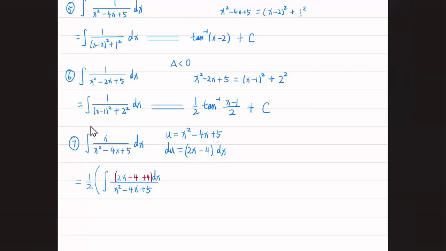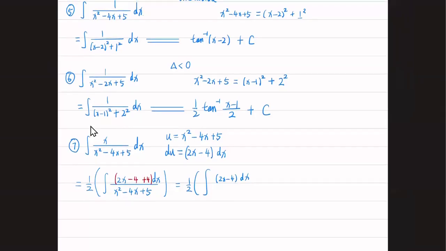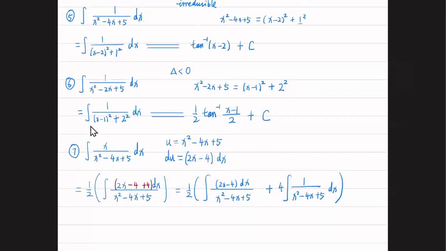Then I will split this integral into 1/2 of the first part and the second part. Now we can integrate them separately.